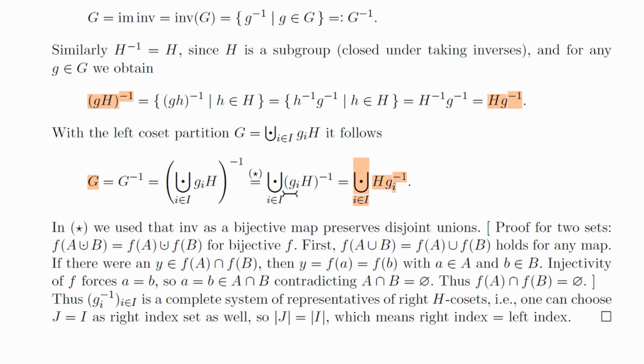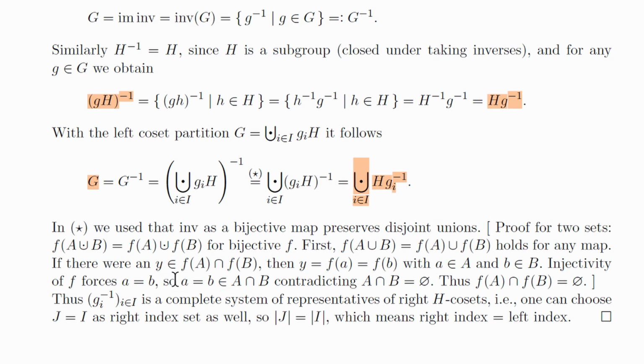First of all, this is actually true for any map: if I map a union A union B under f, this always becomes the union of the images of A and B under f. But we need to show that this union remains disjoint. So if I have disjointness here, then here I also have disjointness.